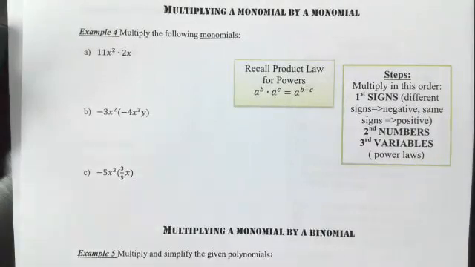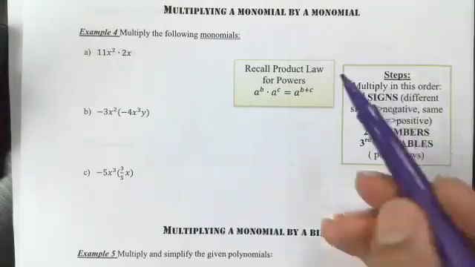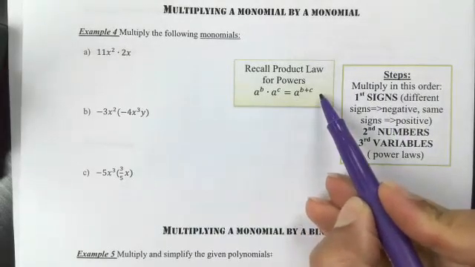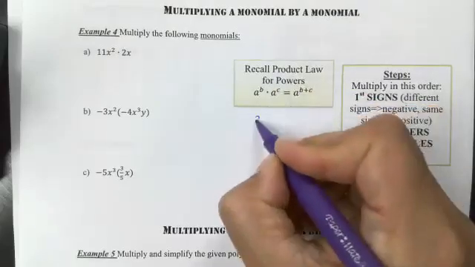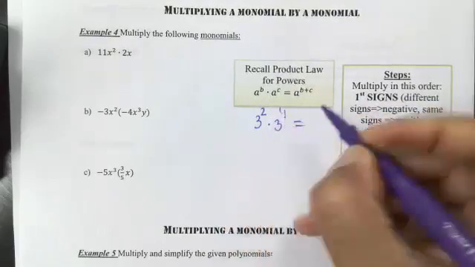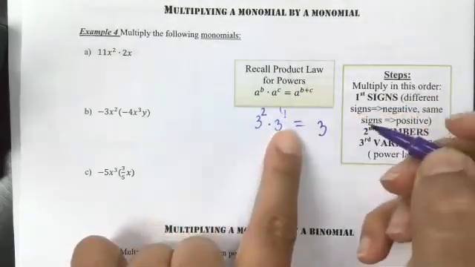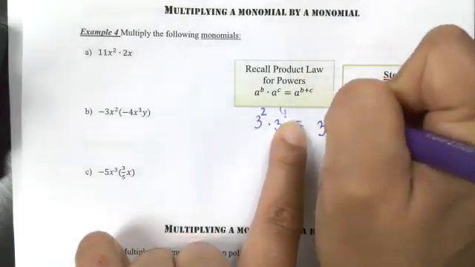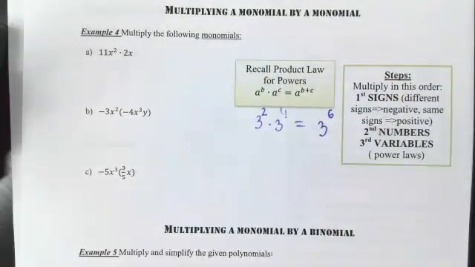If you have 2 powers with the same base, same or different exponents, we keep the base and we add the exponents. For example, 3 squared times 3 to the 4, we keep the base 3, and we say 2 plus 4, which is 6. That's the rule for multiplying powers.